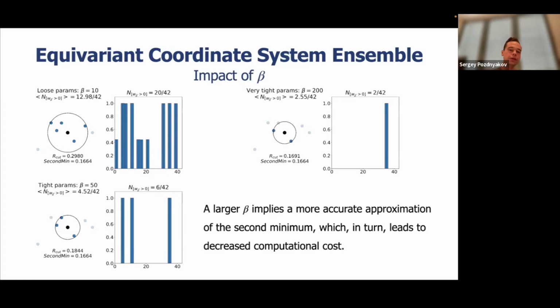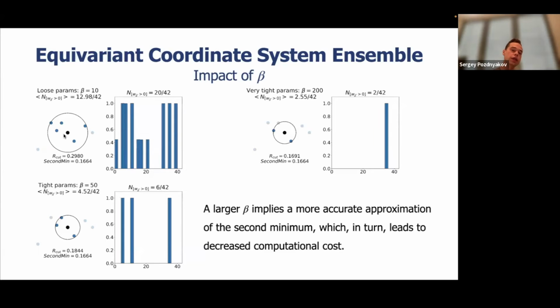And the only difference between these simulations is the value of beta. Here, beta is 10, which is quite small. Here, beta is medium, like 50, and here, beta is 200, like really, really large. So here, beta is quite small, so our approximation for the second minimum is quite off. So our adaptive cutoff is much larger than the real second minimum.